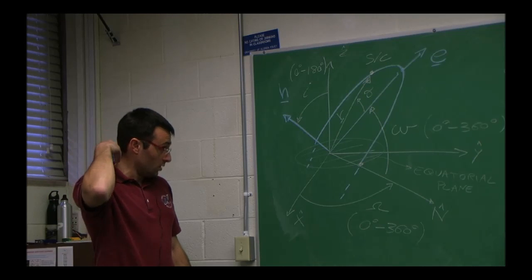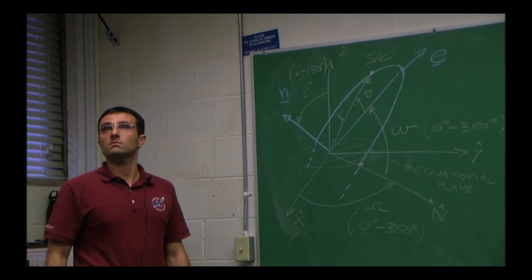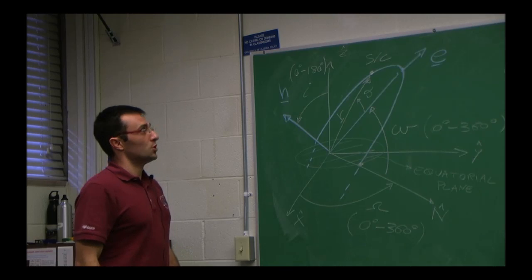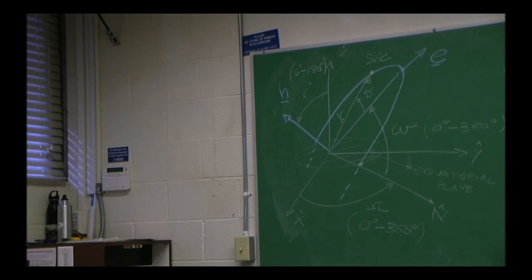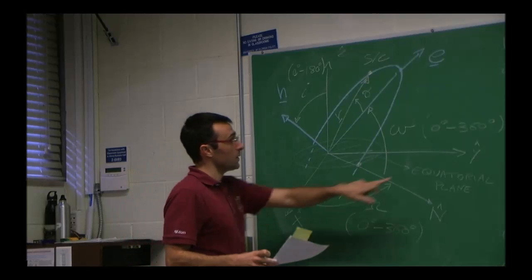True anomaly? What do you want to do with the true anomaly? Which one? Which Cartesian coordinate? Like R cosine theta is this x hat, this y hat?